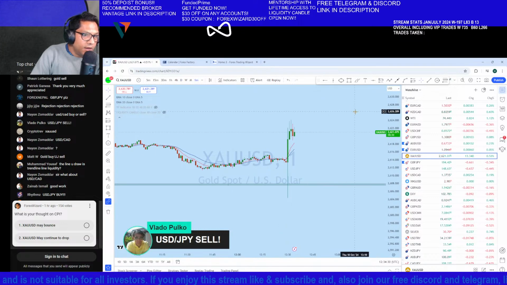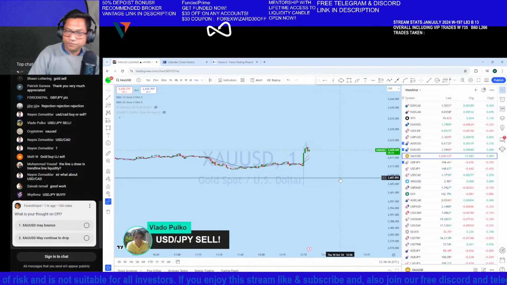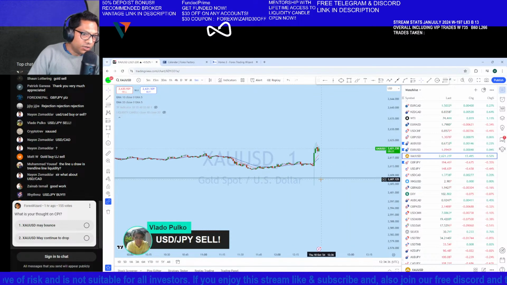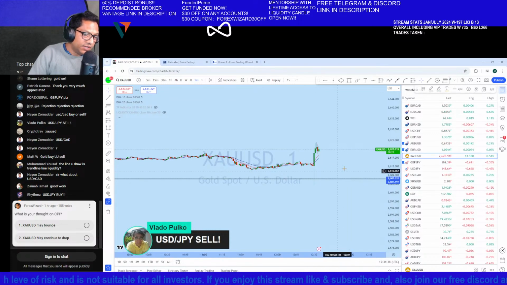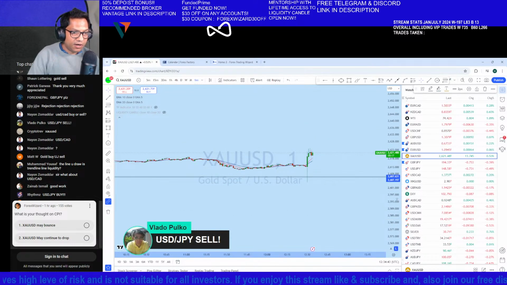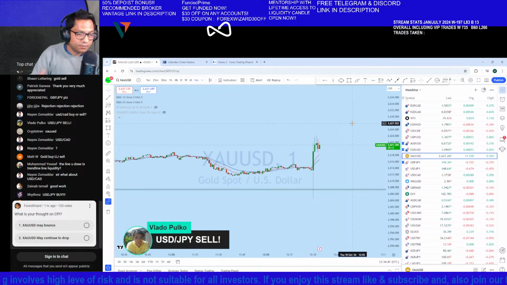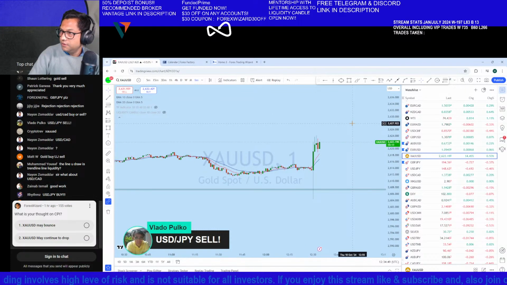Okay, now the bias here, what I will be waiting for at the moment is for the market, we might see another retest of this daily support before we could see the market trending again. See how it is doing.